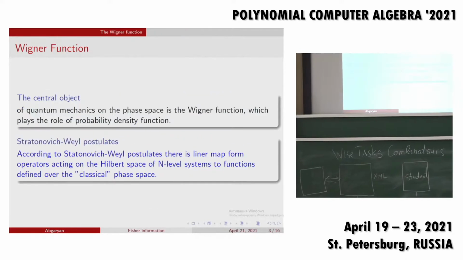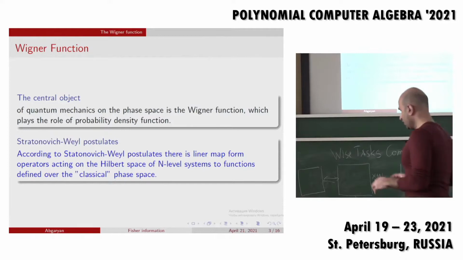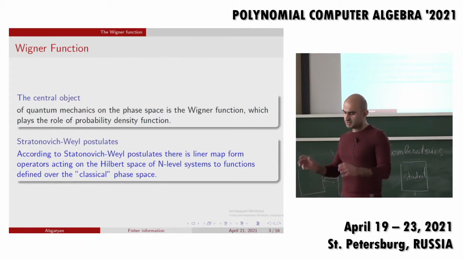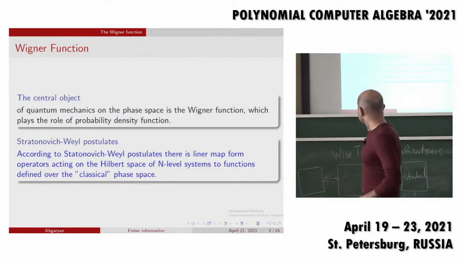Let's move forward. So how do we attempt to solve this problem? It is well known, probably to most of you who dealt with quantum mechanics, that there is a quasi-probability distribution function called the Wigner function, which may be interpreted as a probability density function. However, it lacks certain properties.